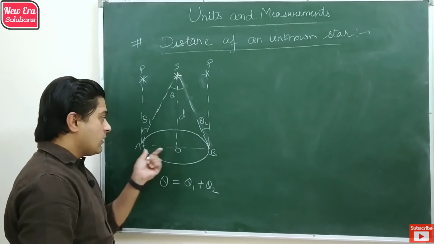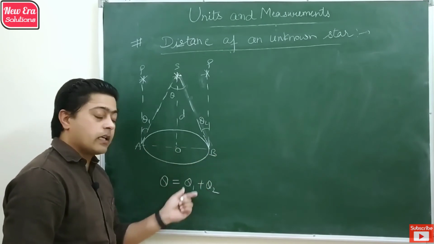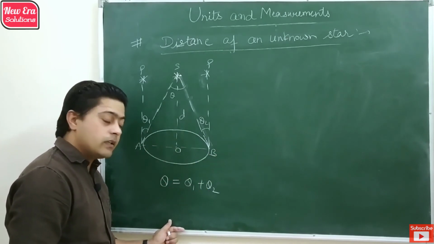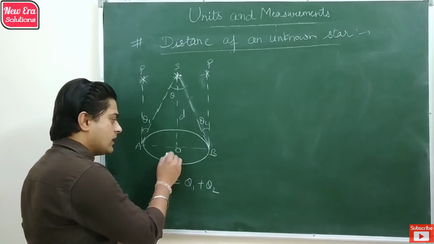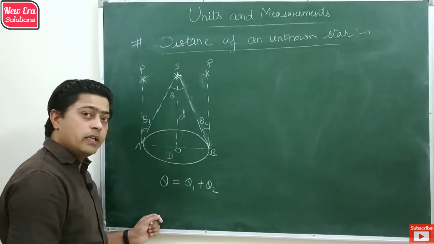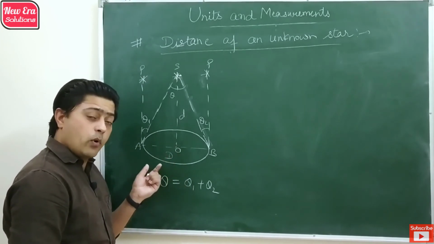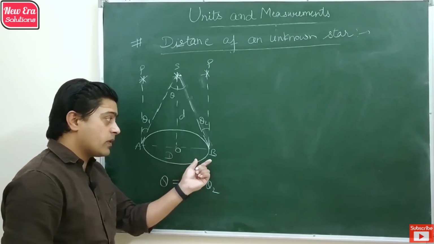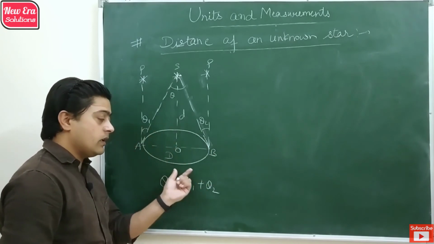Then again we take two symmetrically opposite points of earth A and B whose distance is assumed to be d, where d is approximately 2 astronomical unit because earth revolves around the sun.